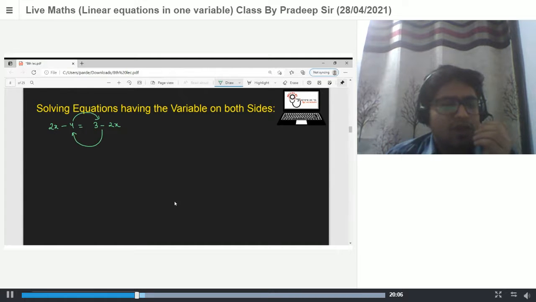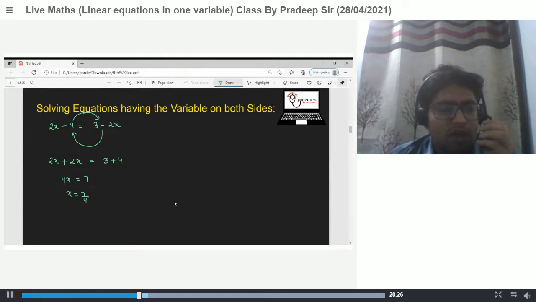If we shift the minus 2x, the sign will change, so this will become 2x plus 2x, and this will become 3 plus 4. So 4x is equal to 7, so x is equal to 7/4. So this is your procedure.